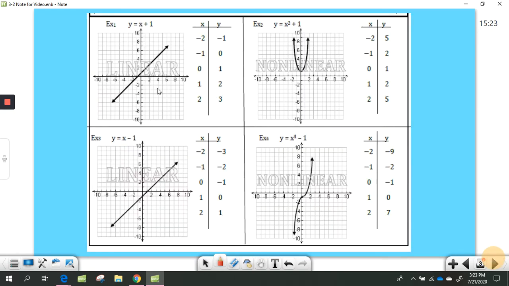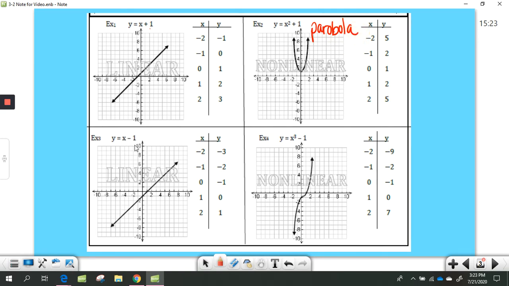All right, here's some examples of equations graphed along with their ordered pairs. You can see that this is in slope-intercept form, and that makes a linear equation. This is what I was speaking about, where you have a power of 2 on the x, which makes that U shape. This is called a parabola, so it is not a straight line.